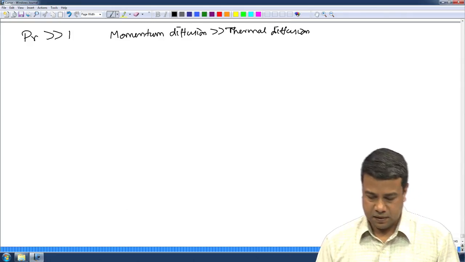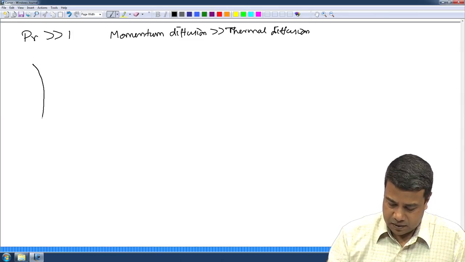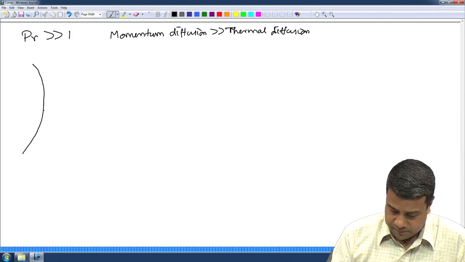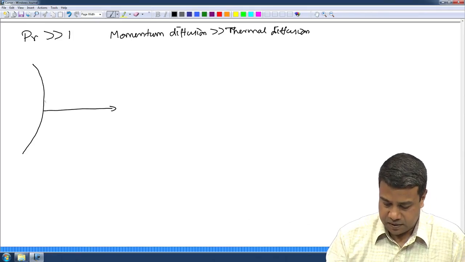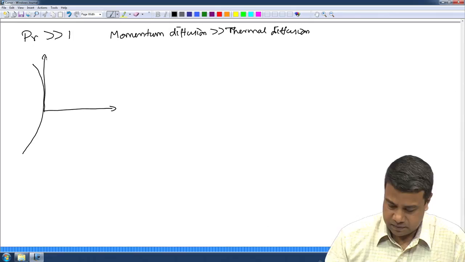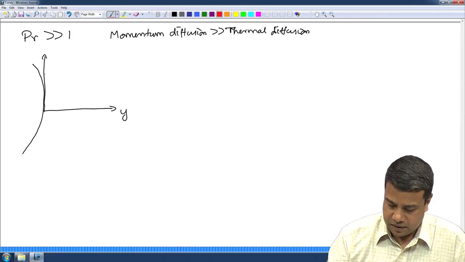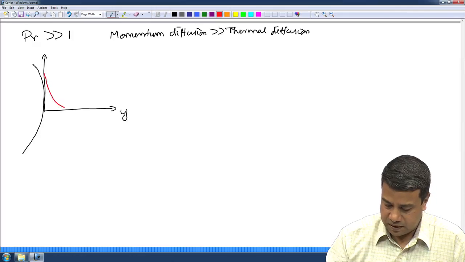Okay. If you go back and look at the boundary layer again, since momentum diffusion is much faster than thermal diffusion, as a function of the distance from the surface, you would expect the temperature field to decay very fast.